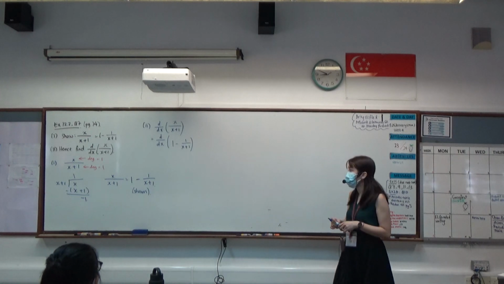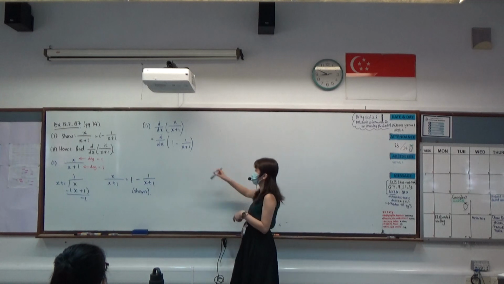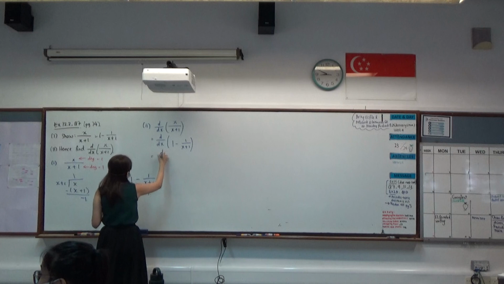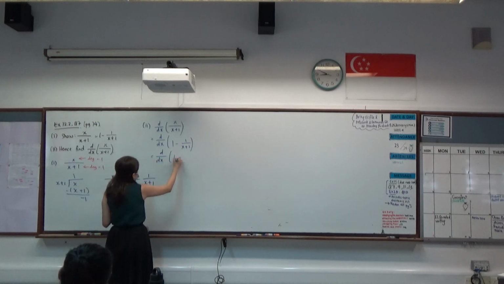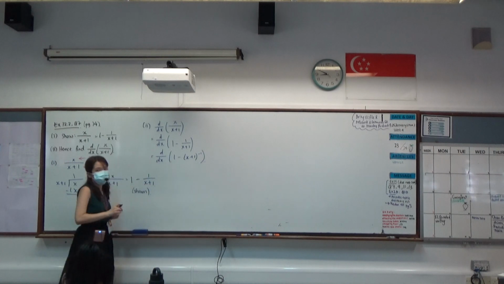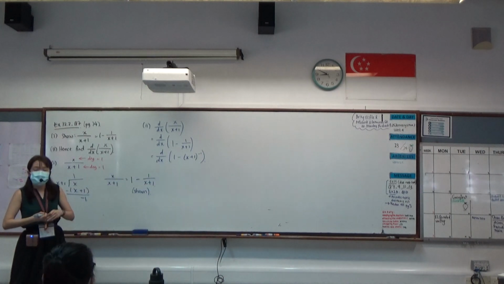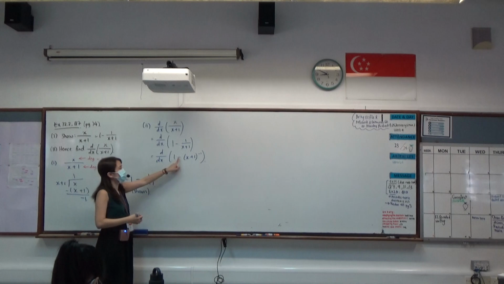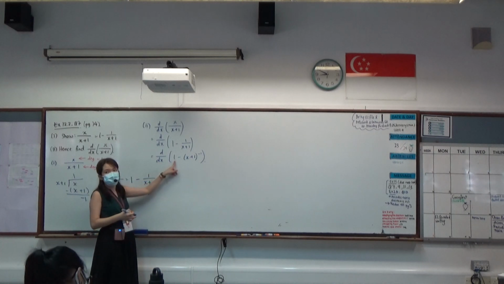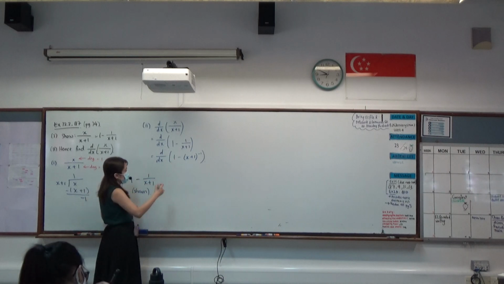When I want to differentiate 1 minus 1 over x plus 1, I could also see it as differentiating 1 minus (x plus 1) to the power negative 1. If we're looking at our sum and difference rule, whereby I can split out the differentiation, when I differentiate 1, a constant number itself, I'm going to get 0.